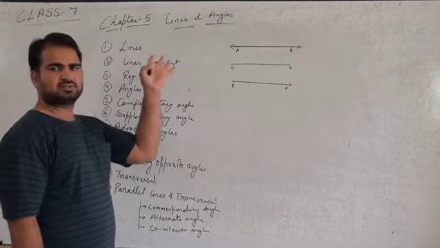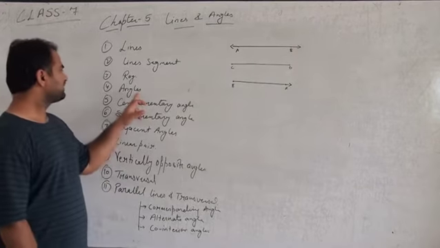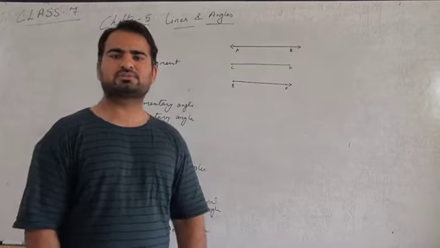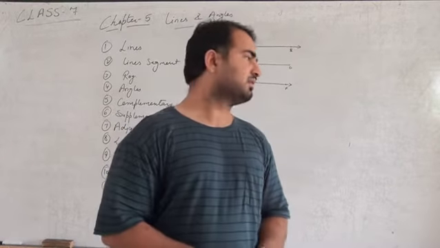It starts from the sun and goes endlessly in all the directions. Angles. When two rays start from a common source and go in different directions, they make an angle.